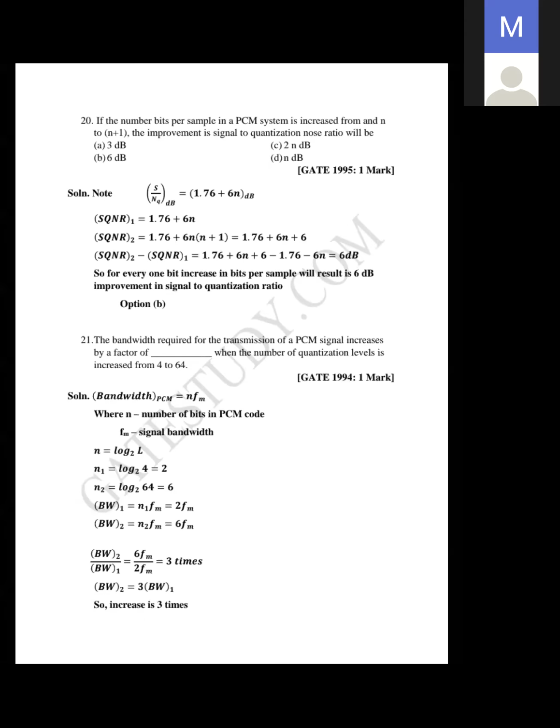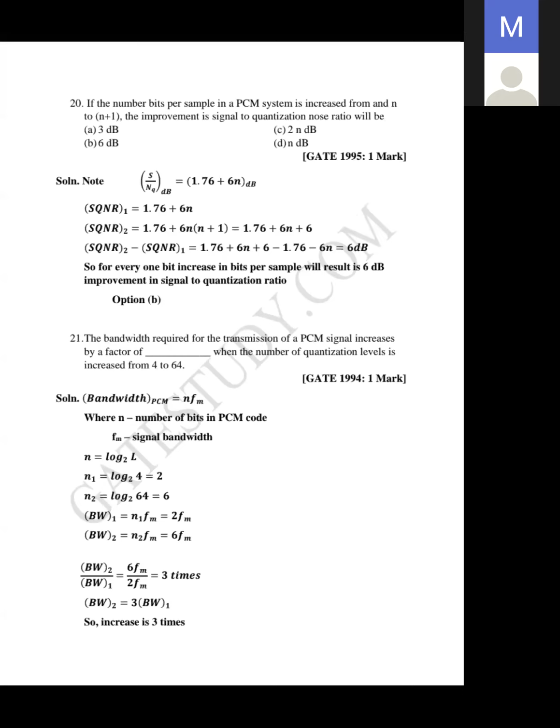Again, based on the formula, we solve another formula problem. If the number of bits per sample in a PCM system is increased from n to n plus 1, what will be the improvement in signal to noise ratio? The formula we have taken is 1.76 plus 6n. Now they replace n with n plus 1. Normally SNR1 is 1.76 plus 6n.